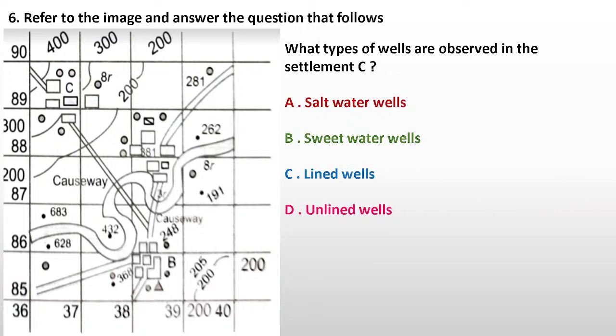And your options are A. Saltwater wells, B. Sweetwater wells, C. Lined wells, D. Unlined wells. Give me the fast answer. Come on, answer fast.